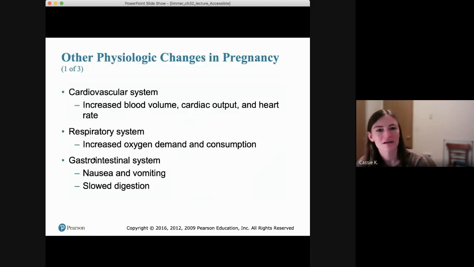So changes that occur during pregnancy, for the cardiovascular system, you're going to have increased blood volume, as the mother's providing blood for the infant as well, increased cardiac output, increased heart rate. Respiratory system, there's going to be increased oxygen demand and consumption. GI system, often there'll be nausea and vomiting, slow digestion.